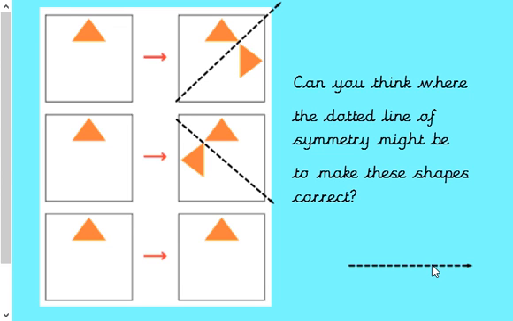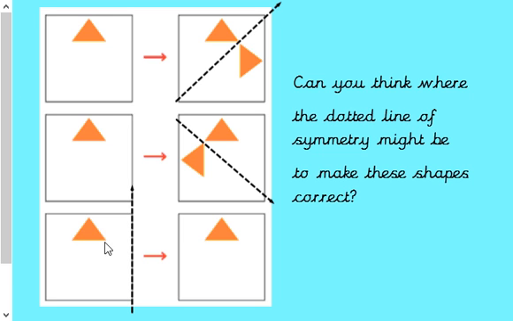Now this bottom one is a bit trickier because the shape actually looks the same. How might that be? Well, the mirror line, it's a bit of a red herring there. The mirror line on the right-hand side has to be on the far edge here.